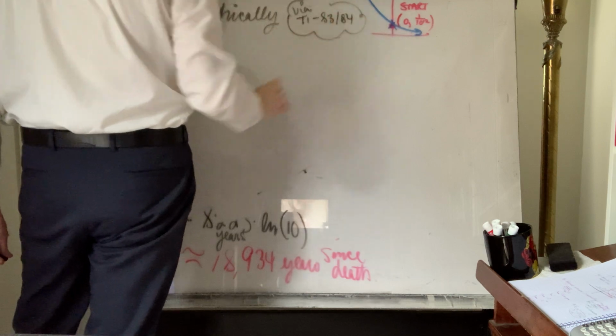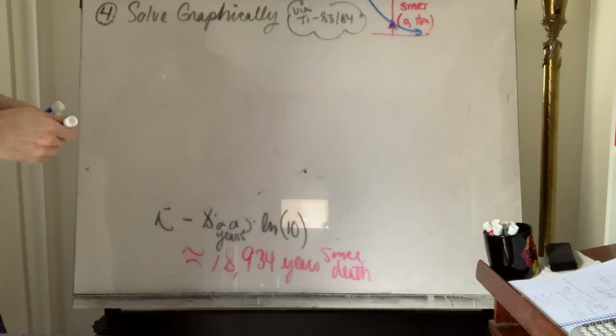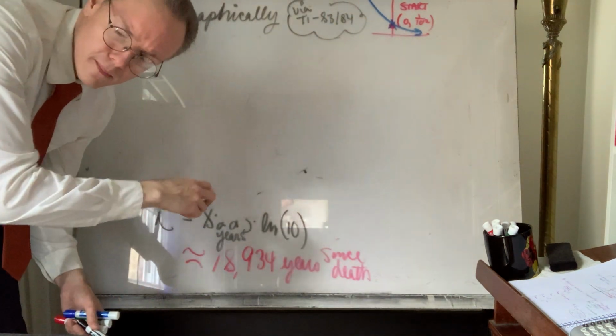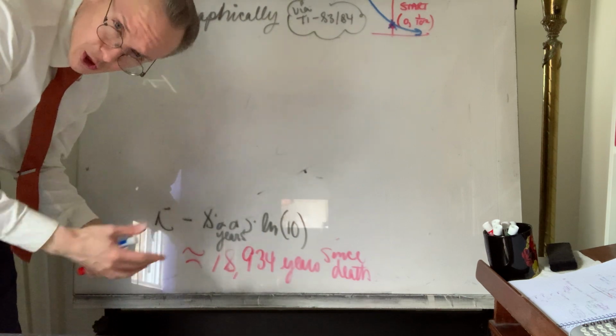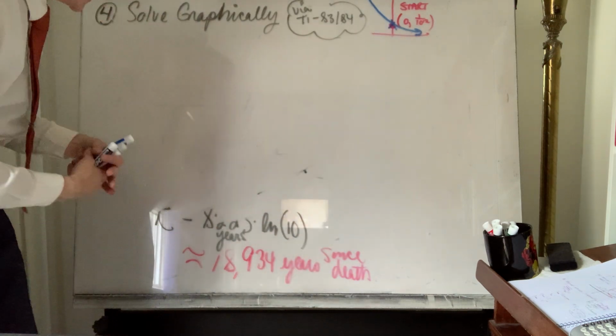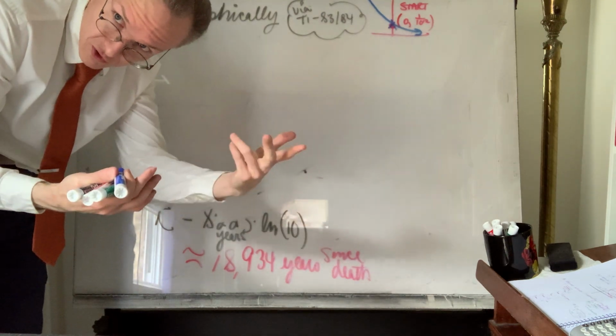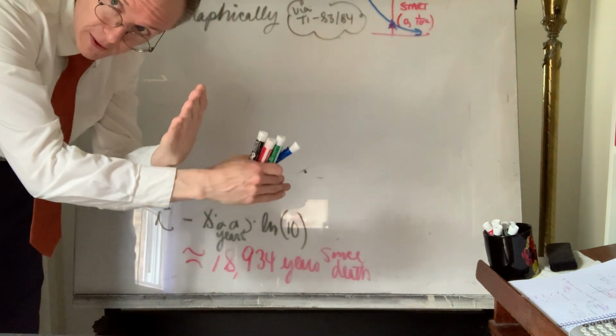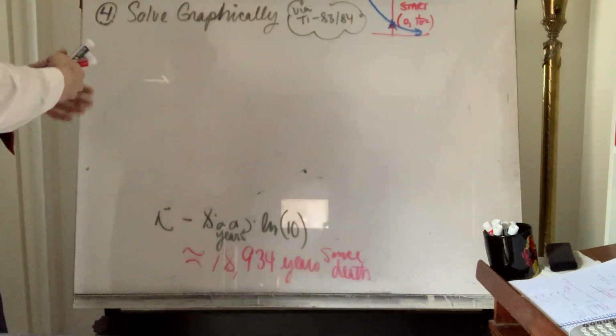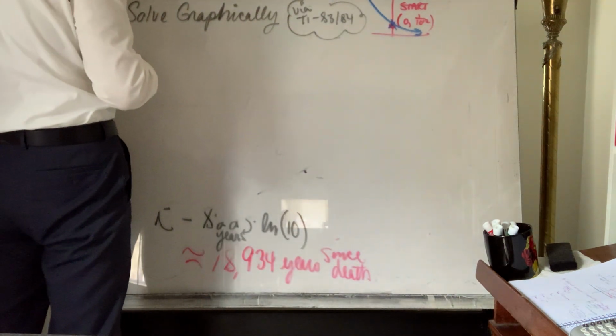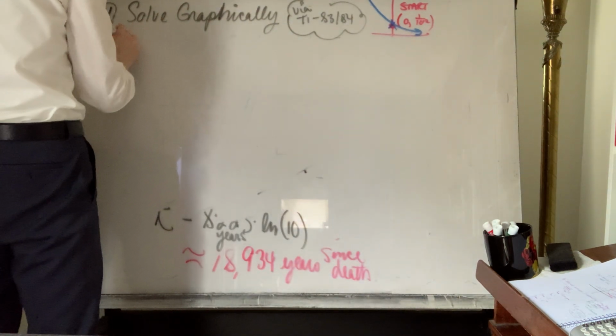This is neat. It's that same technique from solving quadratic equations, which is to pretend the two halves of your equation are y equals something, and then look for the point of intersection. That is it in a nutshell.